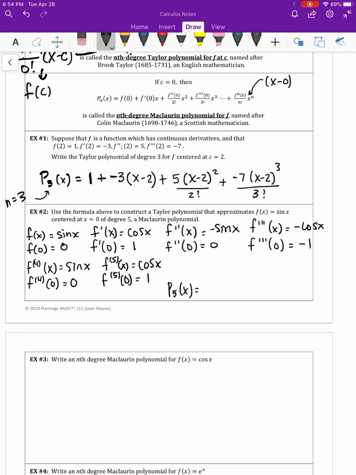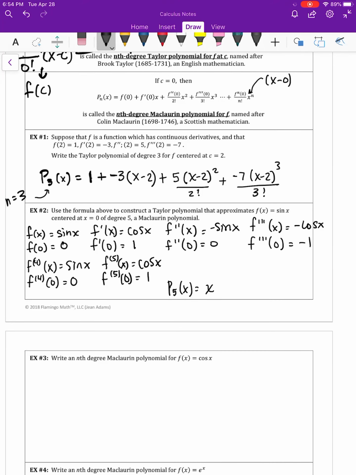So that would be p sub 5 of x is equal to, the first one is f of 0, which is 0. Okay, so I'm not even going to write it. Then f prime of 0 times x minus 0, so that's just going to be x, divided by 1 factorial, which is just 1, so that's just going to be x. The second derivative is 0.